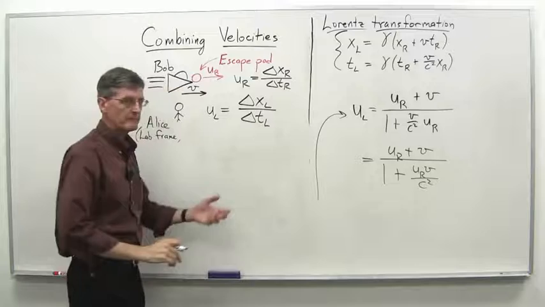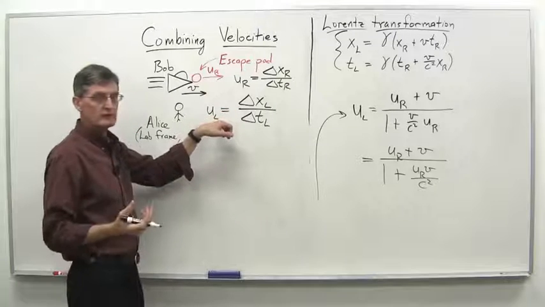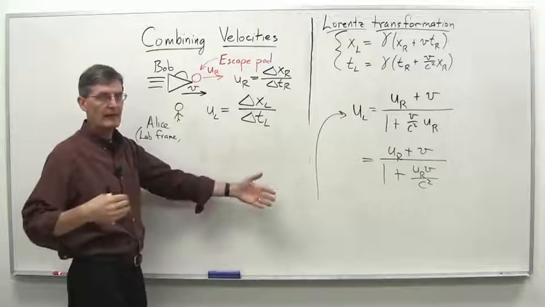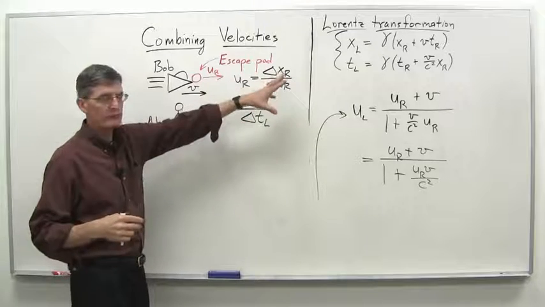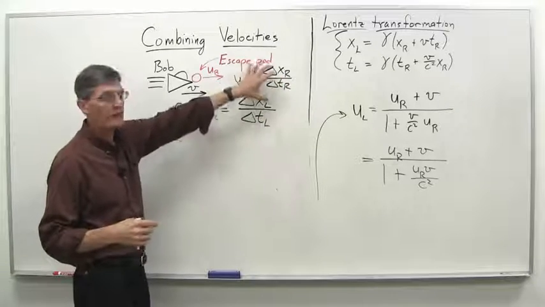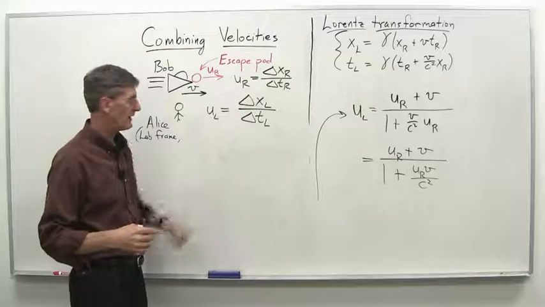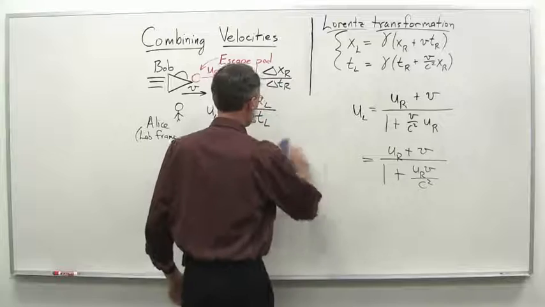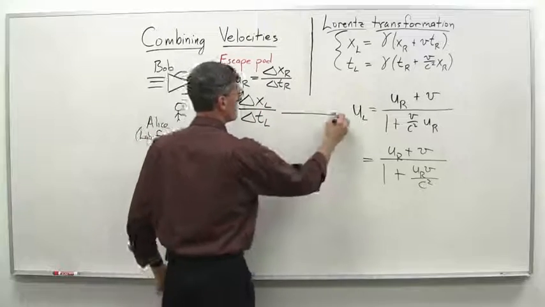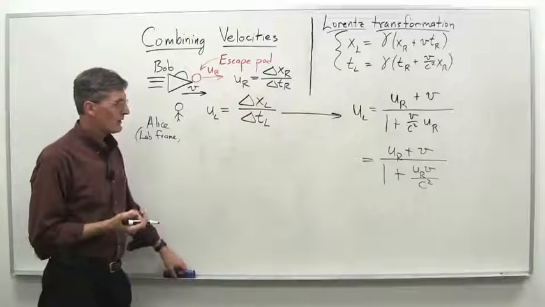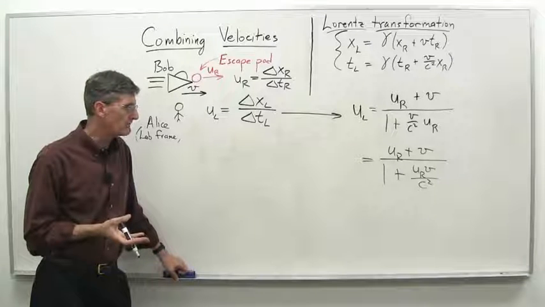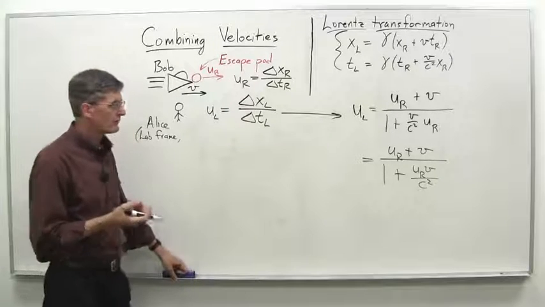And remember where it came from. We just said, by definition, velocity is change in position divided by the elapsed time. And we just use the Lorentz transformation equation to go from Bob's frame of reference to the version in Alice's frame of reference. And again, this is what we get here. So this comes over here. Well, it sort of looks like the Galilean transformation if you think about it, because look at this.